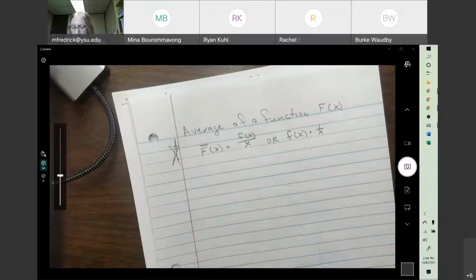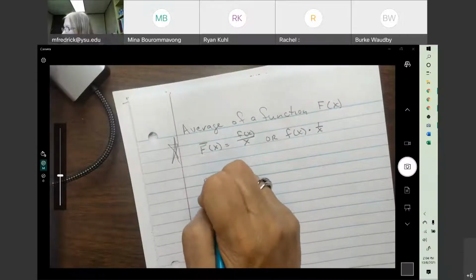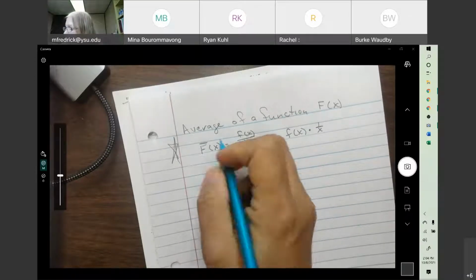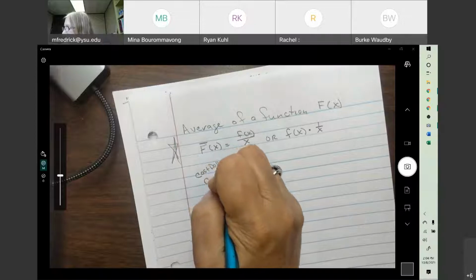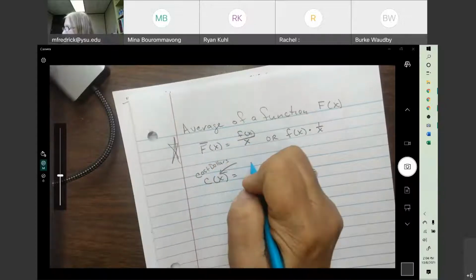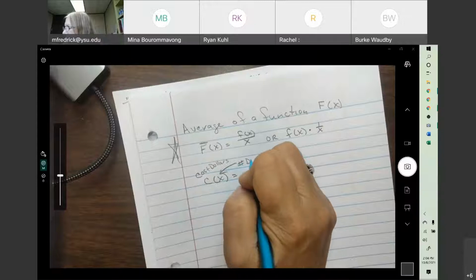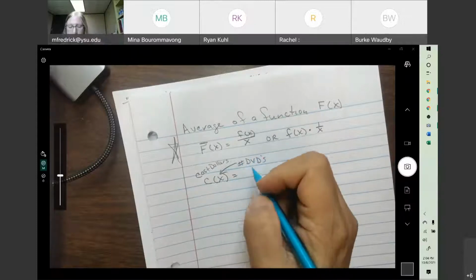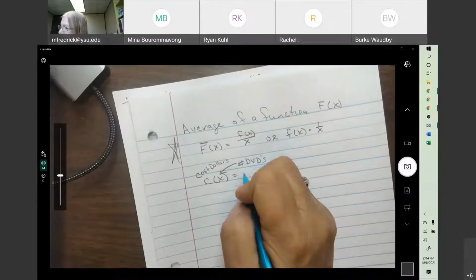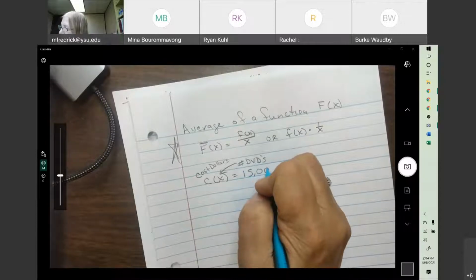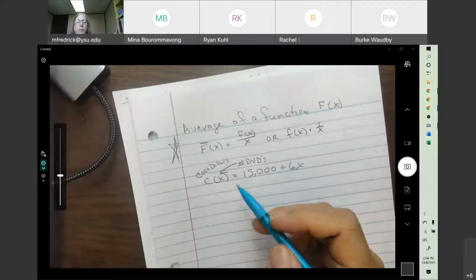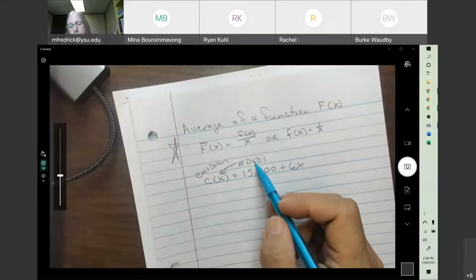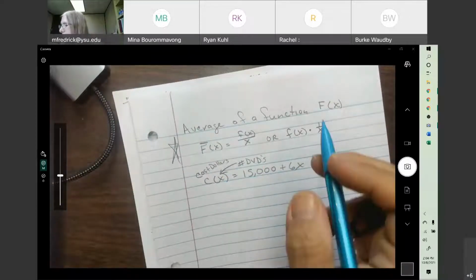The cost in dollars for manufacturing a particular DVD is C of x equal to $15,000 plus 6x, where x is the number of DVDs being produced.